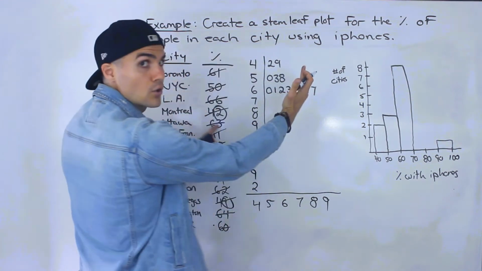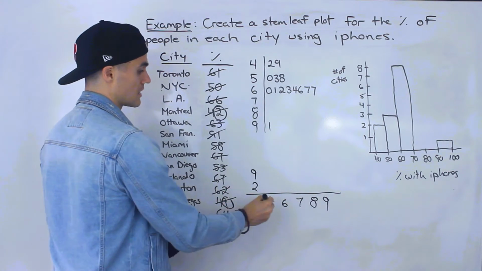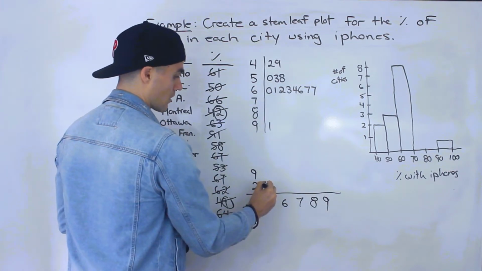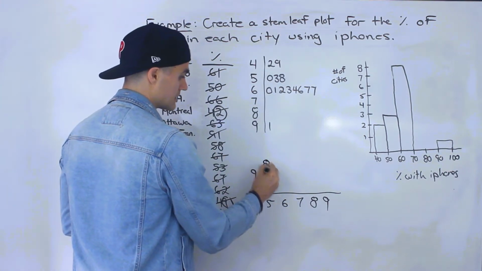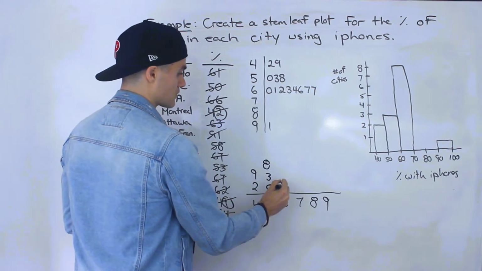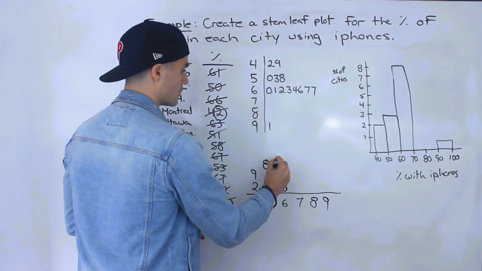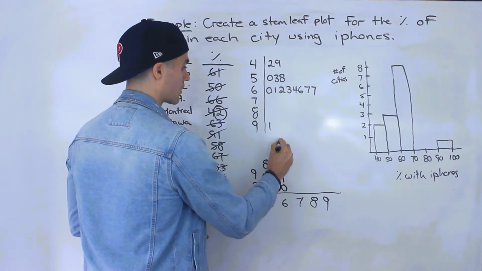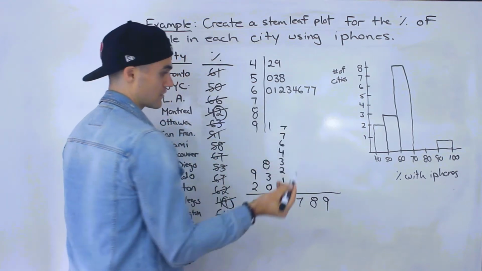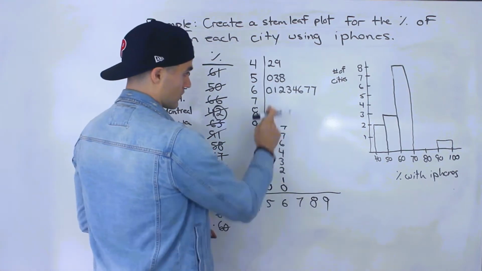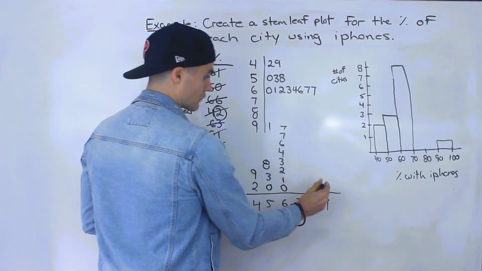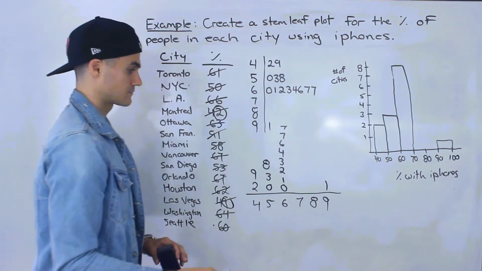We're just taking this, rotating it to the left by 90 degrees. And then on the 5, we would have 0, 3, 8. For the 6, we would have 0, 1, 2, 3, 4, 6, 7, 7. For the 7, there's nothing. For the 8, there's nothing. And then for the 9, there's a 1 there.